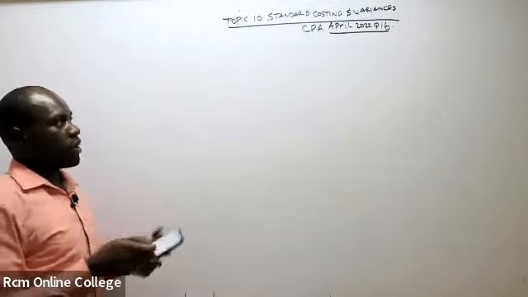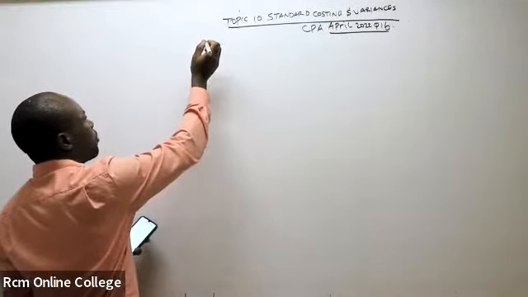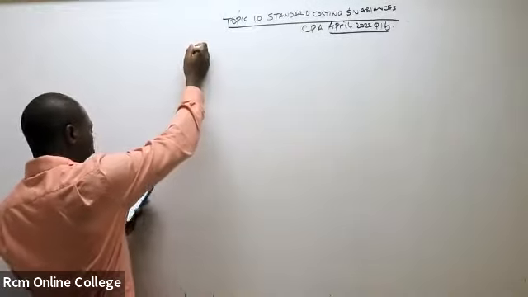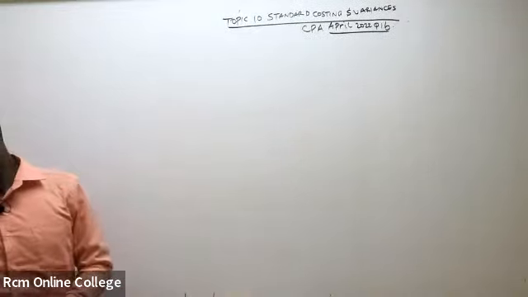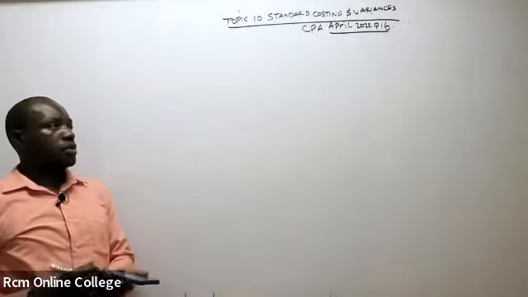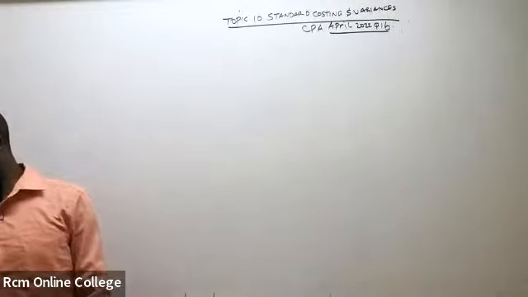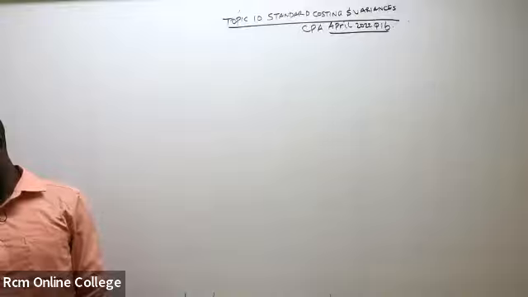So we are required to get prime cost. What are the components of prime cost?